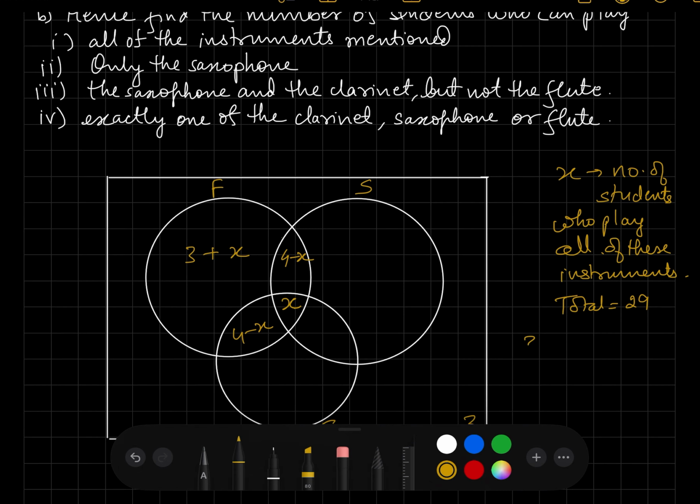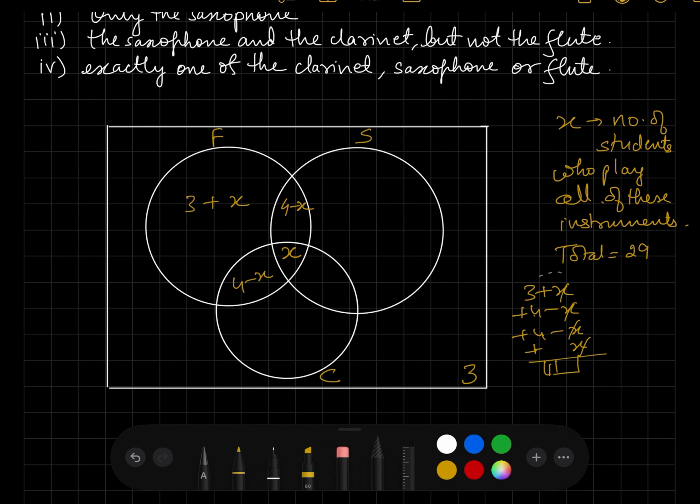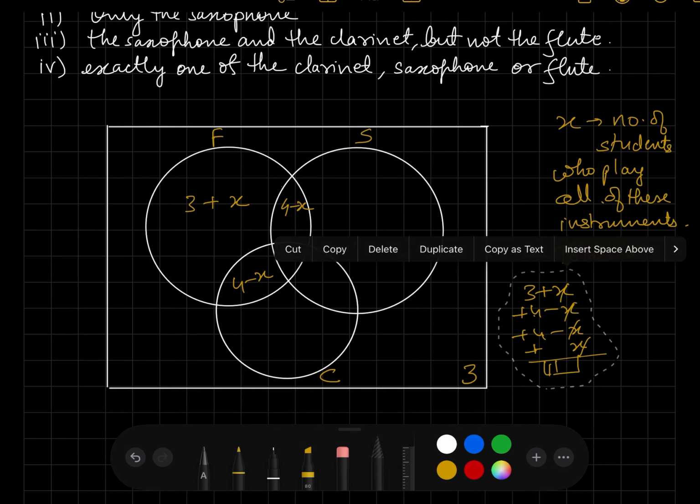If you add 3 plus x plus 4 minus x plus 4 minus x plus x, we get 4 and 4, 8, and 8 and 3, 11, and the x's all cancel. So we are getting 11, right? This is how I adjusted these.